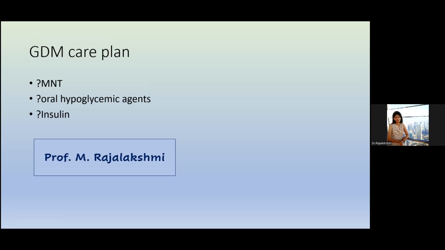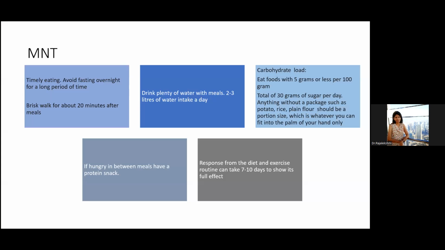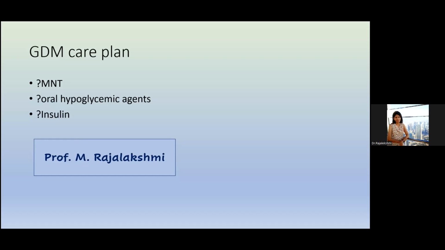So first we have to counsel her regarding the complications of GDM, and I would like to put her on medical nutrition therapy. And after 2 weeks, we can repeat FBS and 2-hour PPBS. And if FBS is more than 95, so the target value during pregnancies, FBS should be less than 95, 1-hour PPBS less than 140, and 2-hour less than 120.